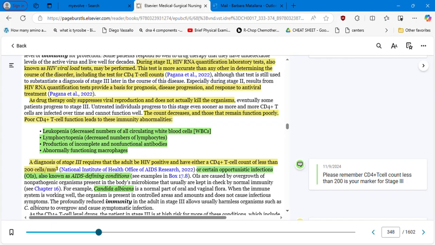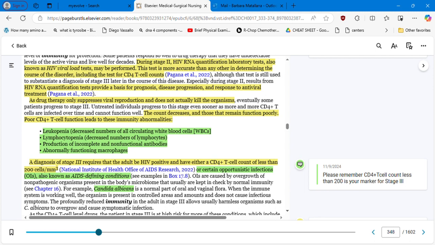Okay, so a diagnosis of stage 3 requires that the adult be HIV positive and have a CD4 T cell count of less than 200. That's good to know. Please remember, a CD4 T cell count less than 200 is your marker for stage 3.